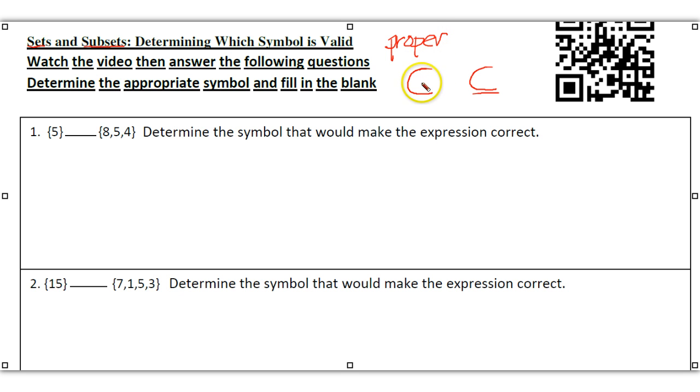That is, it has one fewer element than the set. But every set is a subset of itself. So this is sort of a general one. But then if it's less than the elements in the full set, we can say it's a proper subset. Only has to have one less element to be a proper subset. So here you could put actually either of these, but the preferred one, I believe, would be a proper subset.